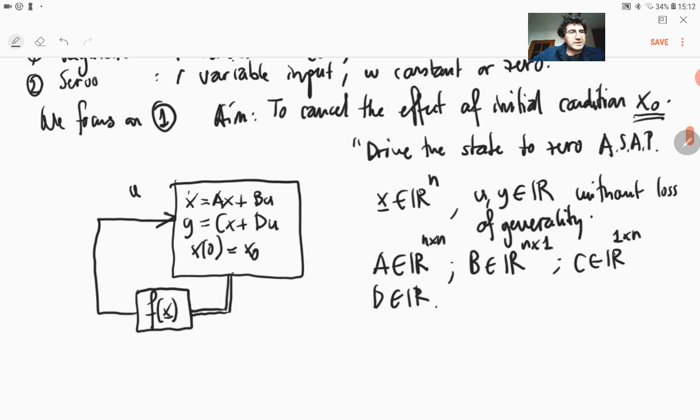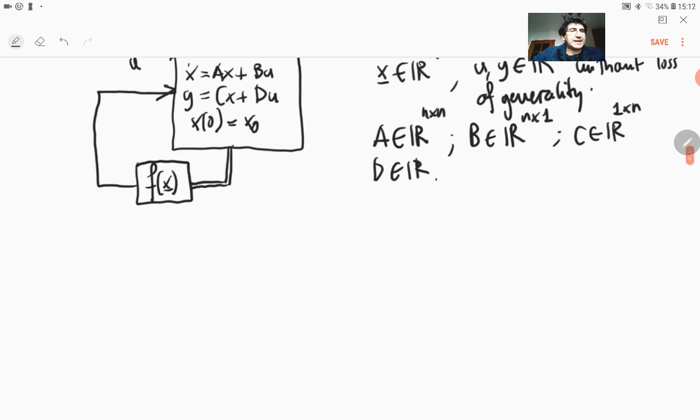But for now, let it stay there as a scalar as well. So these are 1 by 1 scalar values.